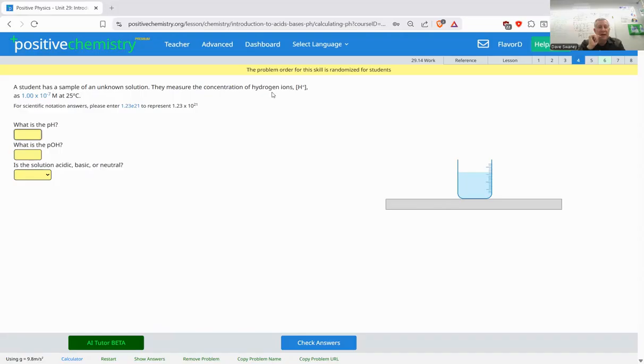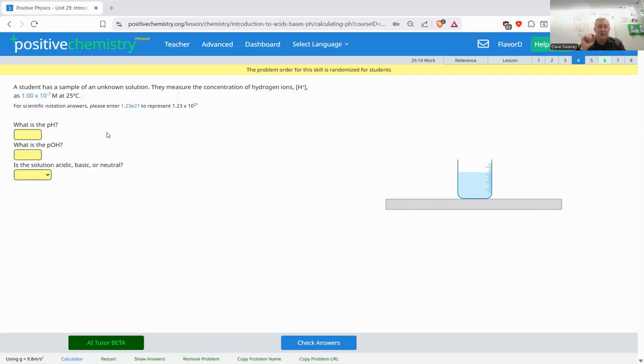What is pH? I have hydrogen ion molarity. I take the negative log, and because this number is 1 times 10 to the negative 7, I can do this in my head. Log means what exponent do I need to stick on 10 to achieve that number? Obviously, I need to stick negative 7 on 10 to achieve this number. So the log answer is negative 7, but we said it's the negative of the log answer, because if you give negative numbers to the average person with a fish tank and stuff, they're gonna mess it up.